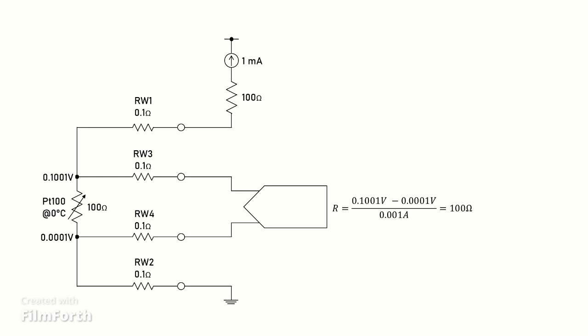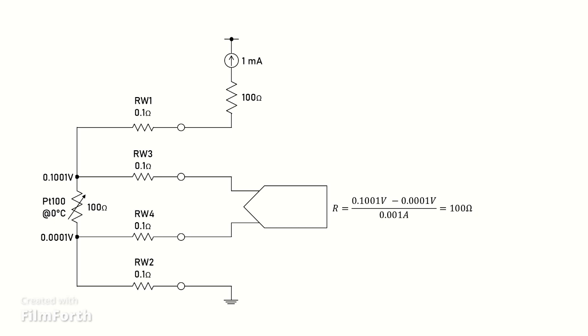As before, the measuring circuit has a high input resistance, so the current flowing through RW3 and RW4 is very small, and consequently, the voltage across the RTD and the voltage at the input to the measuring circuit is almost the same. So, if the voltage across the RTD is 0.1 volts and the current going through it is 1 milliamp, the measured resistance is 100 ohms, exactly the same as the resistance of the RTD.